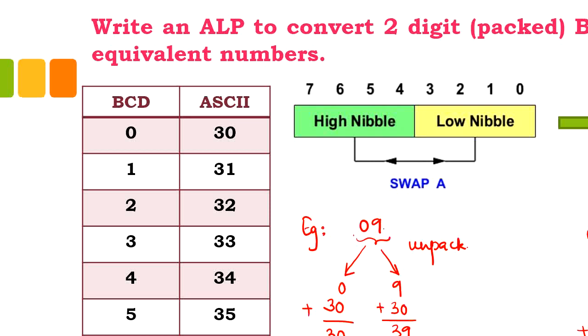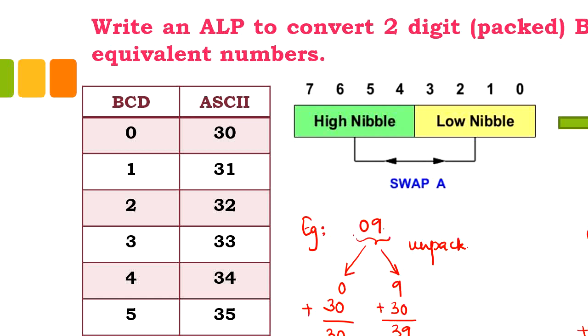Similarly, we have to swap in such a way that we obtain the upper nibble and the lower nibble. When I say swap, I have considered an 8-bit number. Upper nibble will be bits 7 to 4, lower nibble will be bits 3 to 0. After swapping, your upper nibble will be bits 3 to 0 and lower nibble will be bits 7 to 4.